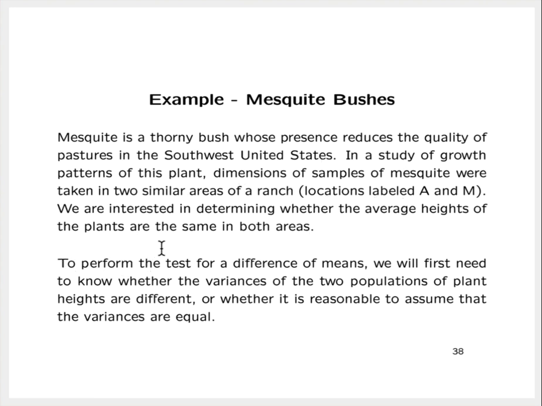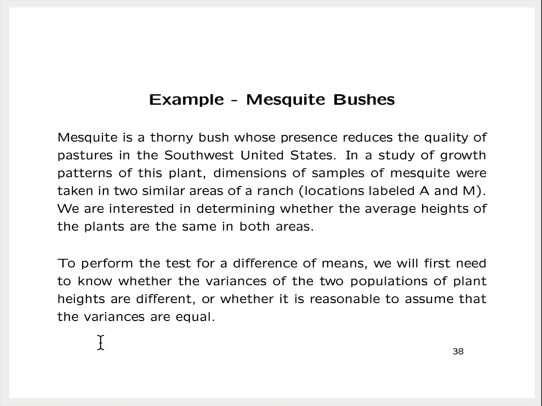So we will first need to know whether the variances of the two populations of plant heights are different, or whether it is reasonable to assume that the variances of the heights of mesquite in the two areas are equal.